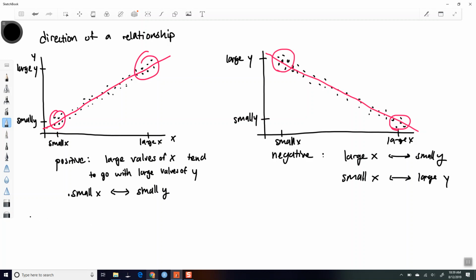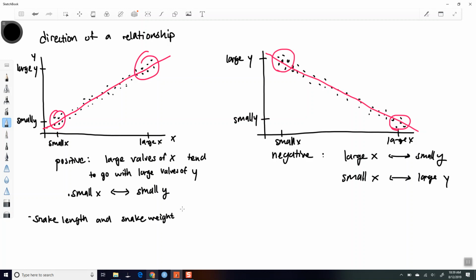An example would be snake length and snake weight. When we were talking about the snakes earlier, we expect the longer, larger snakes, snakes with high length, to have high weight, and snakes with low length to have low weight.